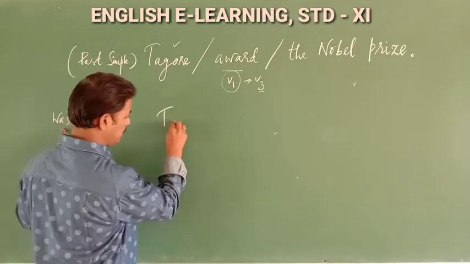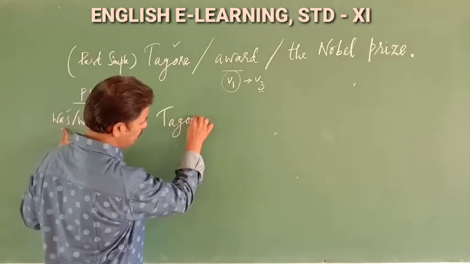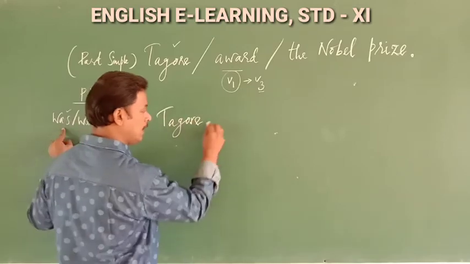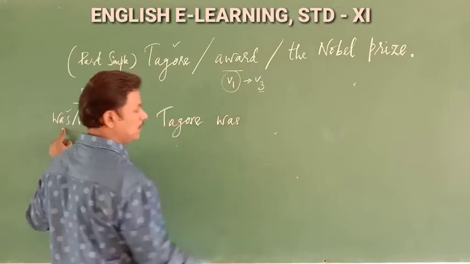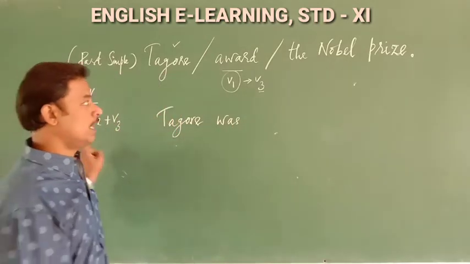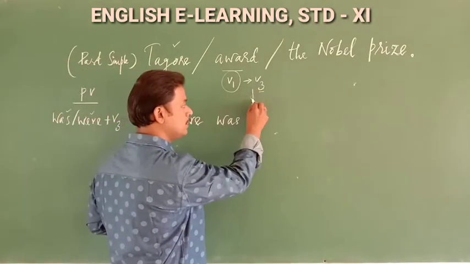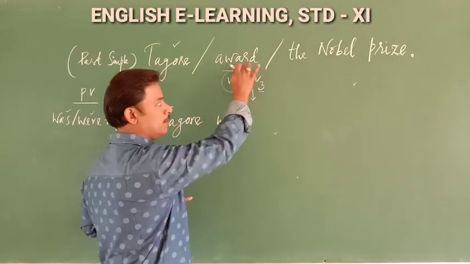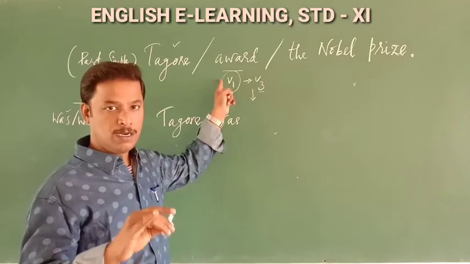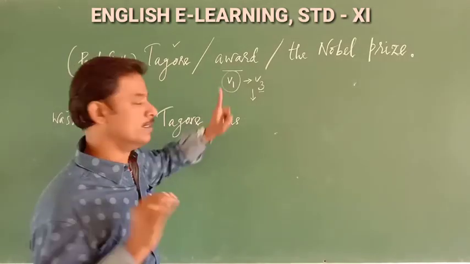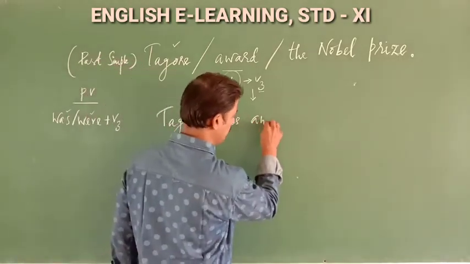Right. So write the subject here, Tagore. As it is a singular subject, we select the singular verb was. And then we must use the third form of this base form, award. What is verb 3 of this verb? Award, awarded, awarded. The third form is awarded.